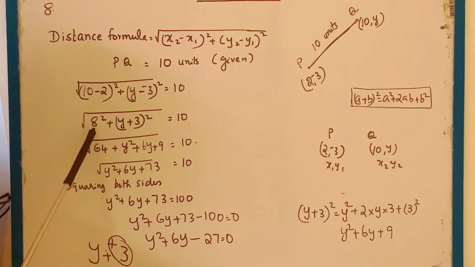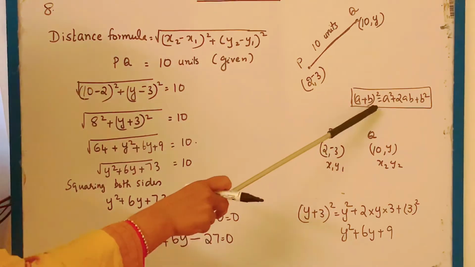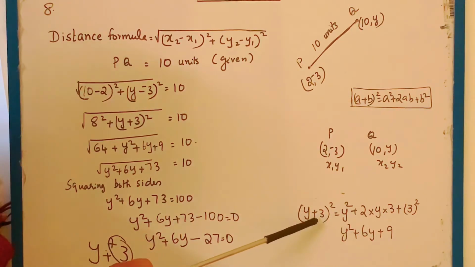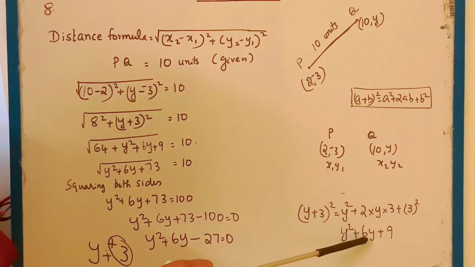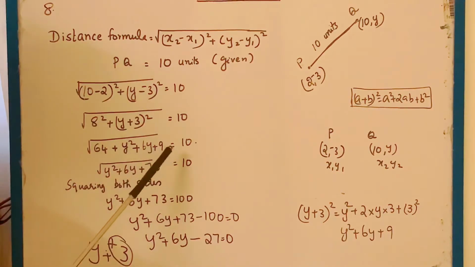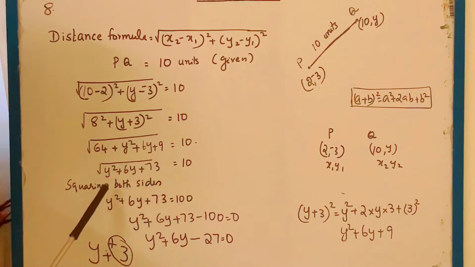Then you will get 8 square is 64, then this is the (a plus b) the whole square form, a square plus 2ab plus b square. Then y square plus 2 into y into 3, that means 6y, plus 3 square, that is 9. y square plus 6y plus 9 is equal to 10, that is y square plus 6y, 64 plus 9 is 73, is equal to 10.